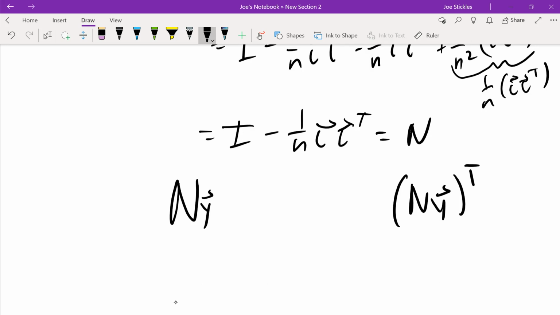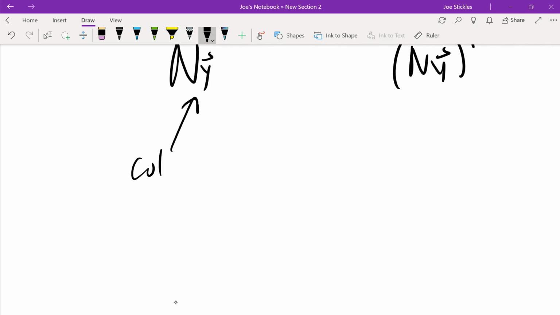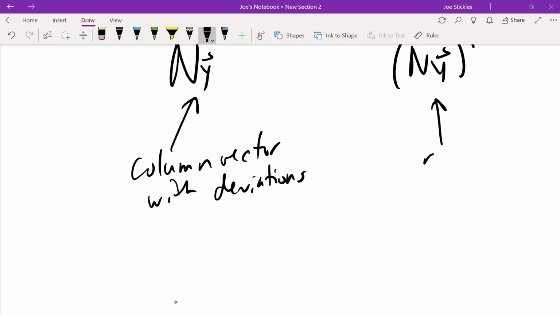What I just wrote, ny transpose, is going to give you, instead of a column vector, a row vector, right? So when I take the row vector times the column vector, multiplying this way, I would get a 1 by 1 matrix. That would be the sum of the squares of the deviations. So this one is a column vector with the deviations. This is a row vector with the deviations.